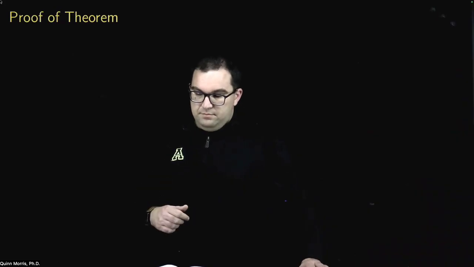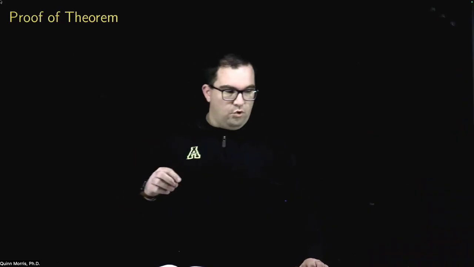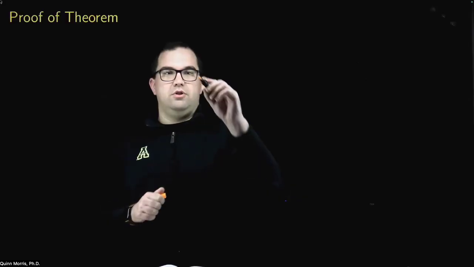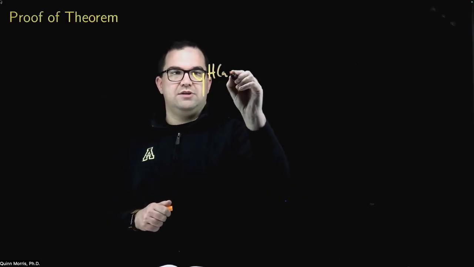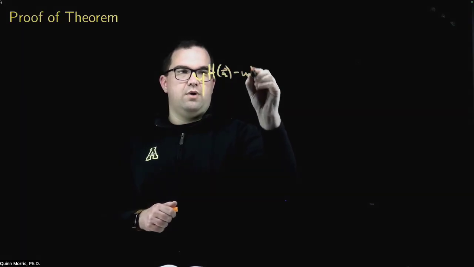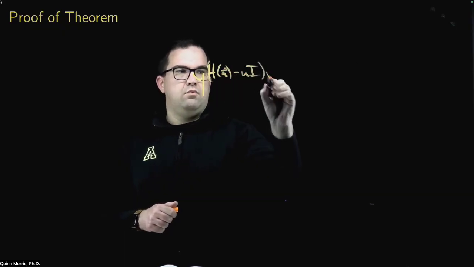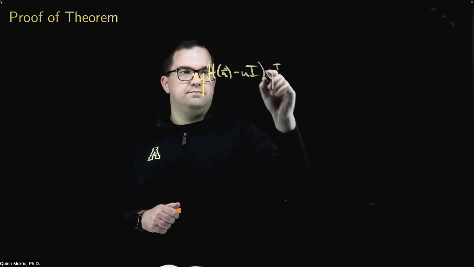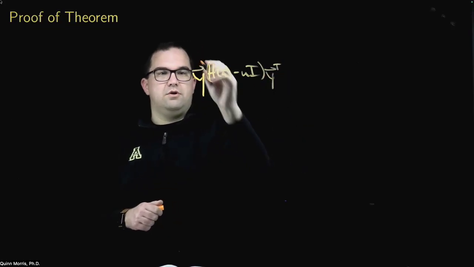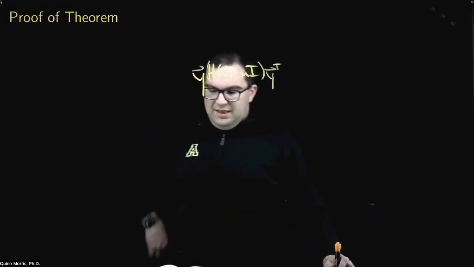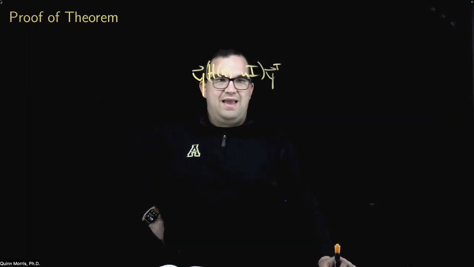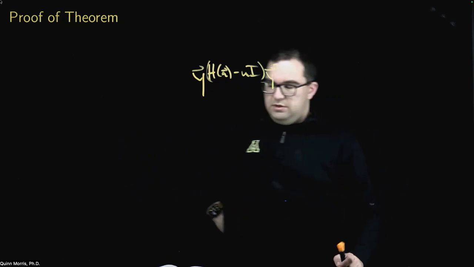Great. But then when you go to look at the quadratic form, y times H of a minus uI times y transpose, in case 3, it has to take on both positive and negative values.